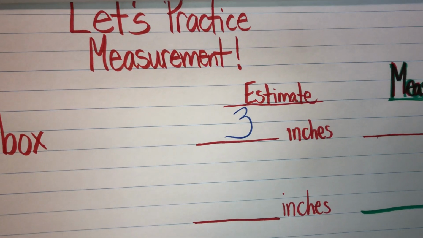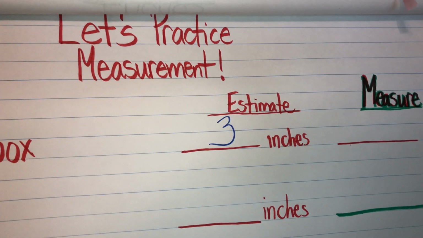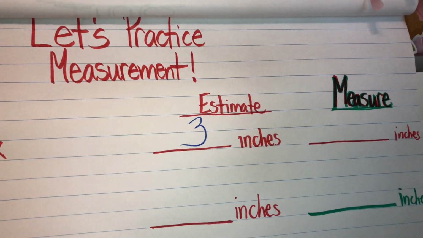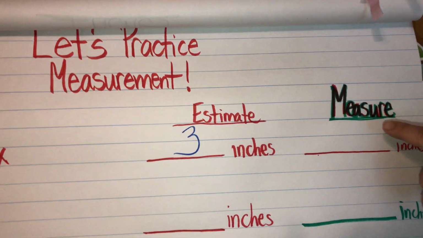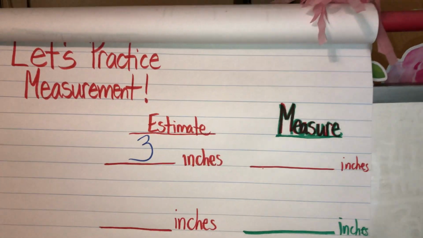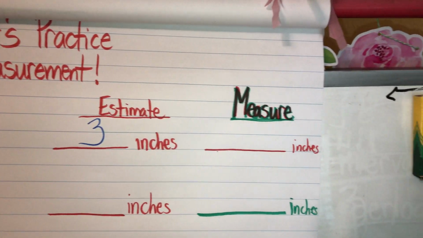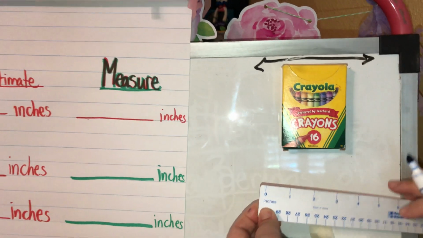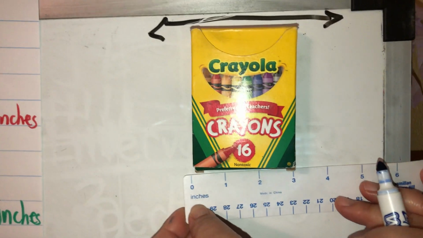And remember, it's just an estimate. It doesn't matter if you're right or wrong. Where it does matter if you're right or wrong is when you actually measure it. So I'm going to measure it. I'm going to use my ruler, and it's easier to do it from the bottom.